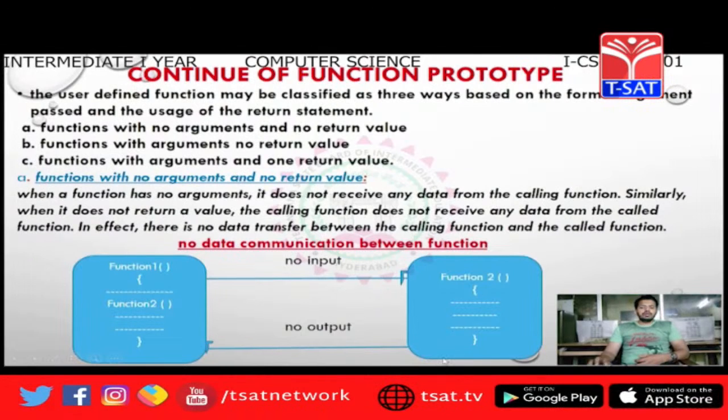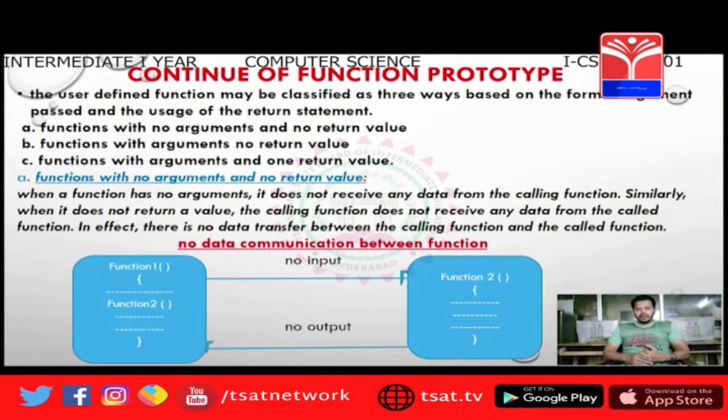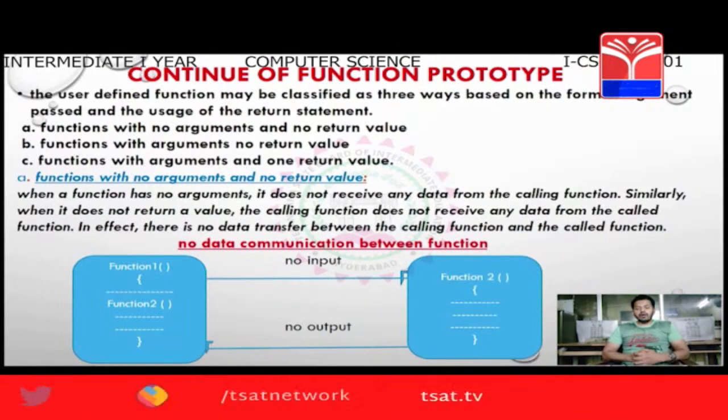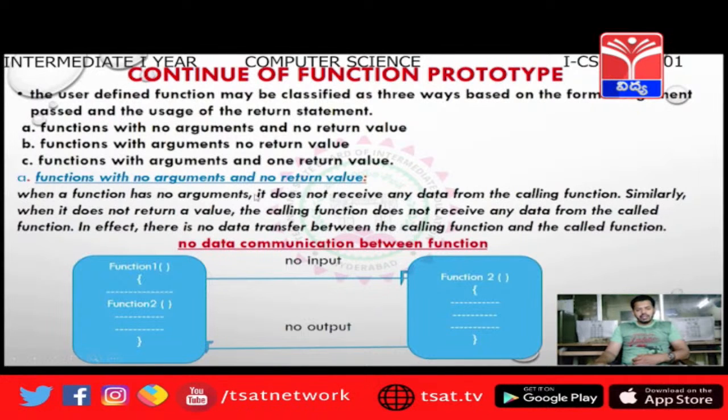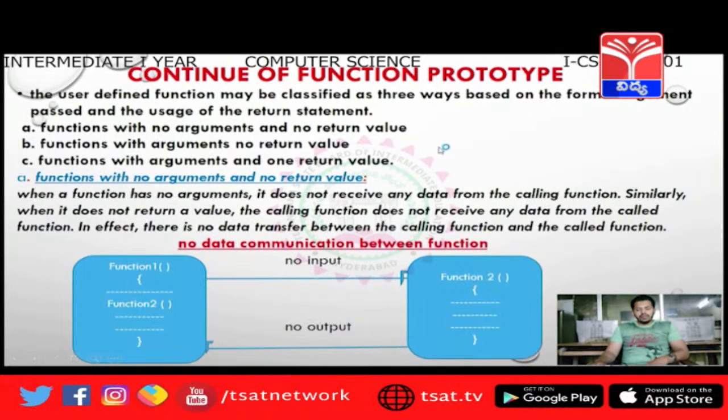Now, continuing with the function prototype. Here, how will the function prototype be defined? User-defined functions may be classified in three ways based on the formal arguments passed and usage of the return statement. The first one is a function with no argument and no return value.